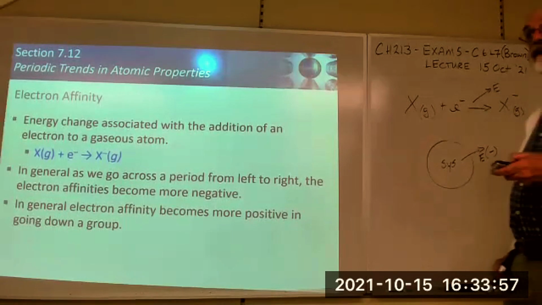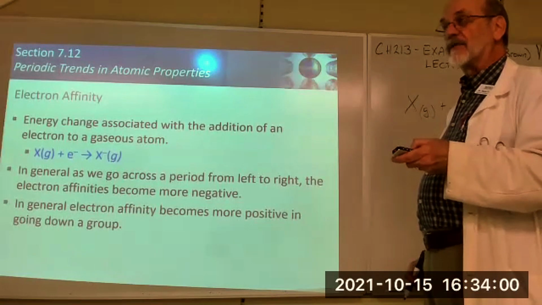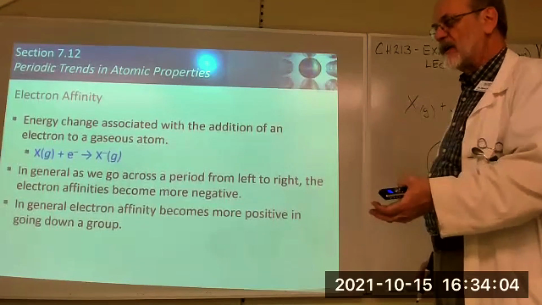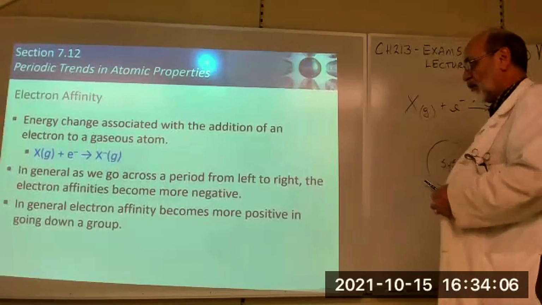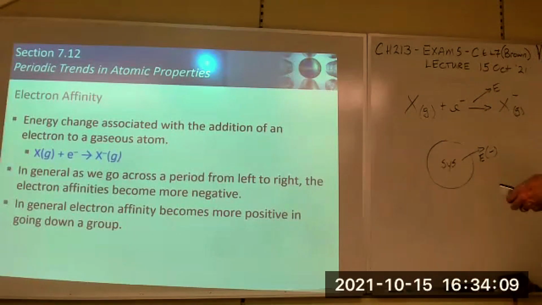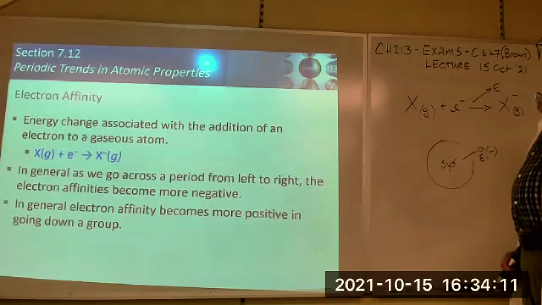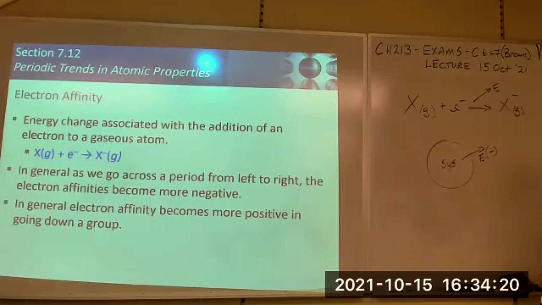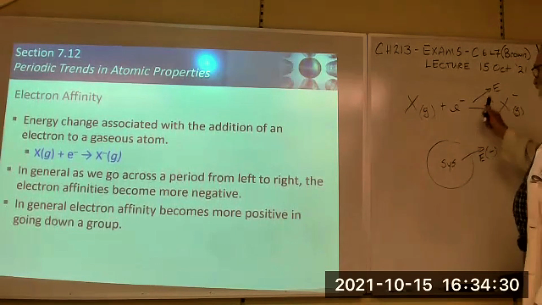That is, the electron affinity decreases as you go down. So the negative number decreases, or you may become more positive, a positive number. So what's the general trend? The electron affinity increases from lower left to upper right, just like the ionization energy. But as it's measured, it becomes more negative from lower left to upper right, based on this convention.